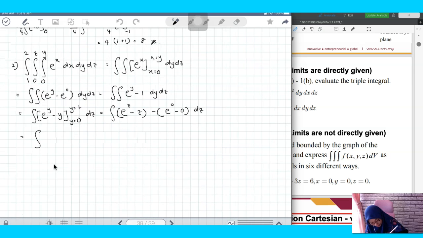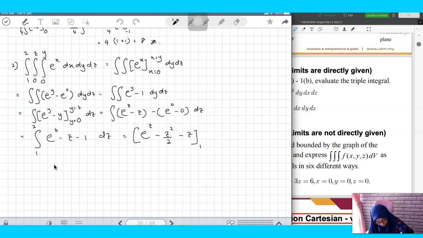So e to the z minus z minus 1, dz. So z is 1 to 2, so integrate with respect to z. e to the z will give you e to the z, z will give you z squared over 2, minus z, from 1 to 2.